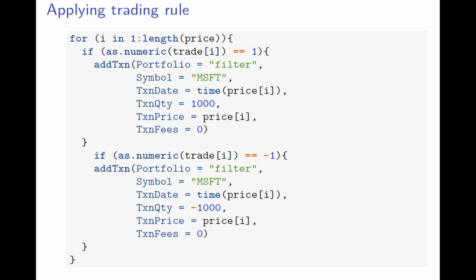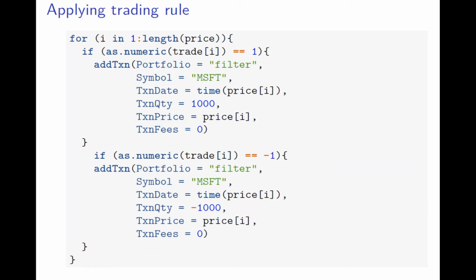The quantity is 1,000, at this price, the closing price, with no transaction fee. For -1, you again add a transaction to the portfolio filter for Microsoft, the time is the time there, with negative quantity. So the difference is -1, 1, and this negative quantity. And when equal to 0, we don't do anything, so you don't need to do that thing.